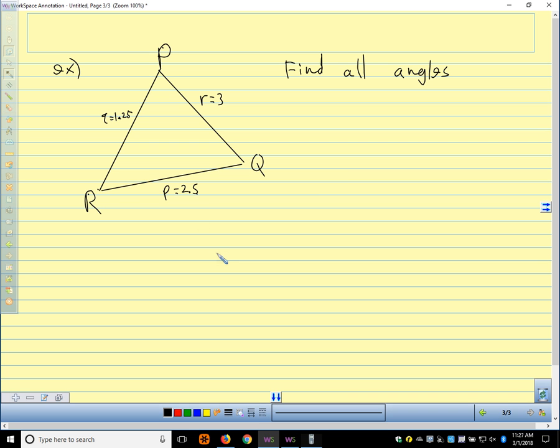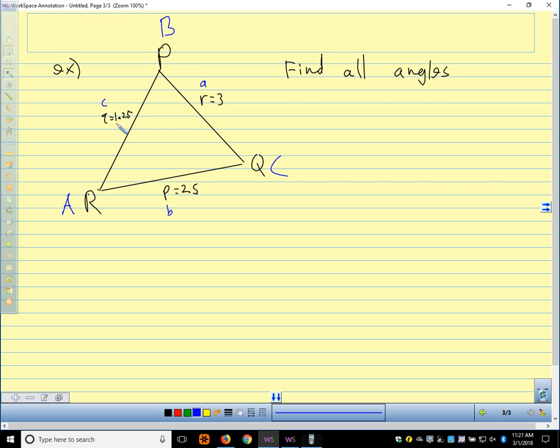Now, if you don't like the way that the triangles are labeled, relabel them the way you want. If you want, you could call this A, B, and C. You can relabel the triangle however you want so that it matches up with how you like to use the formula.